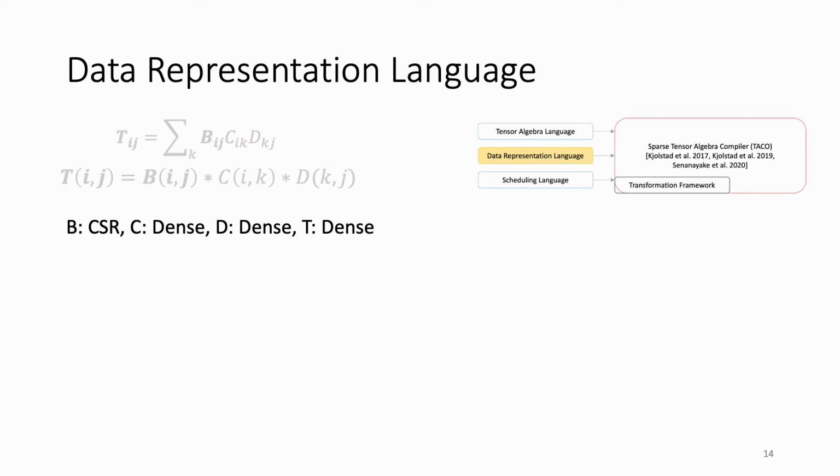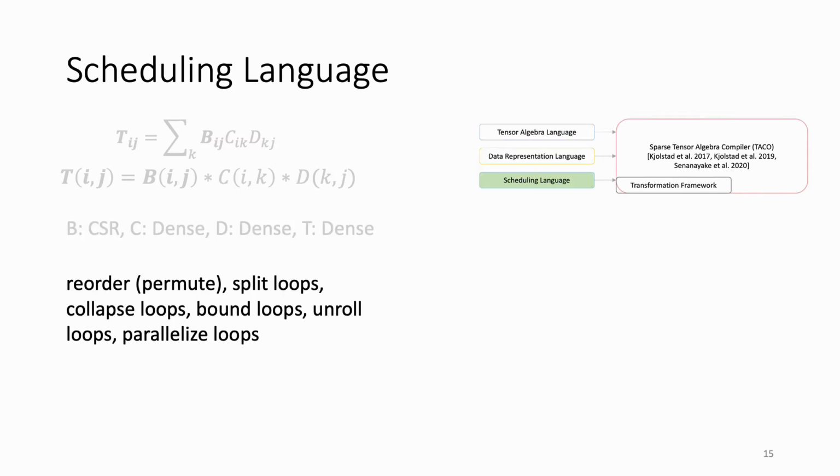There are different sparse data types like compressed sparse row, commonly known as CSR, compressed sparse column, commonly known as CSC format, or coordinate format, etc. Then you can use the scheduling language to unroll loops, reorder or permute loops, split and collapse loops for load balancing and parallelization. You can navigate through many schedules and pick the best schedule that works for your computation.